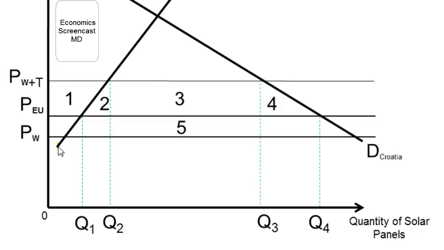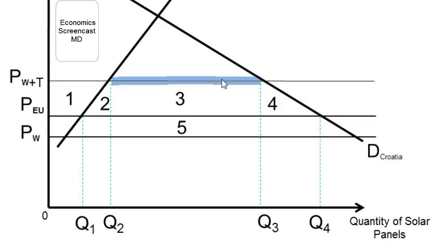Now, to look at the issue of trade diversion. Before entry to the EU, Croatia would have produced domestically a certain proportion of the solar panels they consumed, shown by the yellow shaded line, and then the rest of the quantity that was consumed would have been imported from the world market at a price including the tariff.